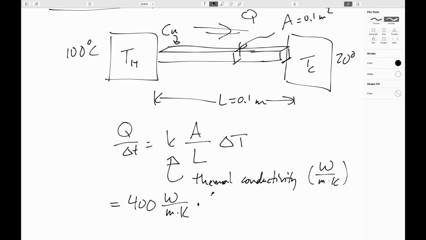So we said that has a cross-sectional area of a square meter over a length of 1/10 of a meter. And then this is times 100 degrees C minus 20 degrees C. Now 100 minus 20 is 80 C degrees, and a C degree is the same thing as a Kelvin, so you can write that as 80 Kelvin.